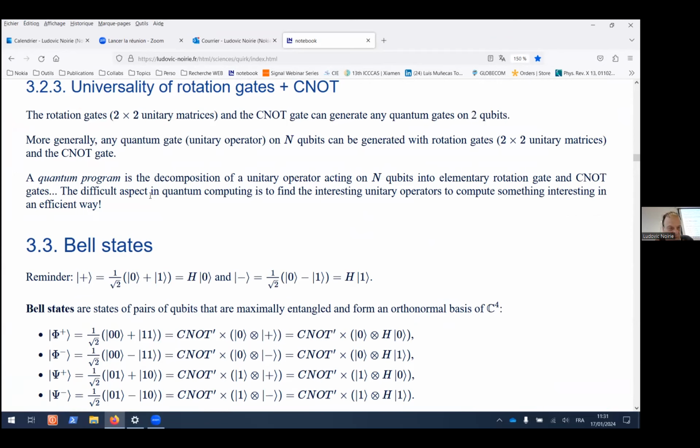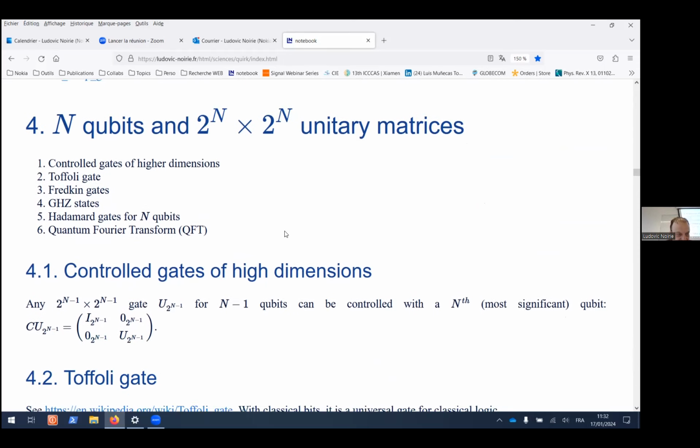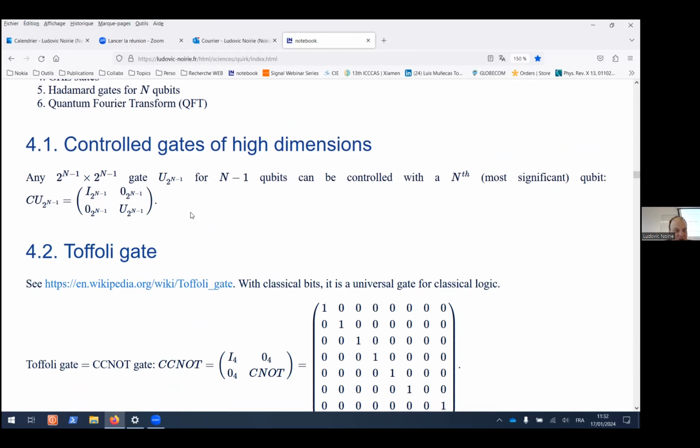I don't know if I can. We started 5 minutes late, so maybe I will just explain very shortly the unitary matrix on more qubits. You can generalize the control gate on two qubits to any number of qubits. If you have a gate on n-1 qubits, you can control it.